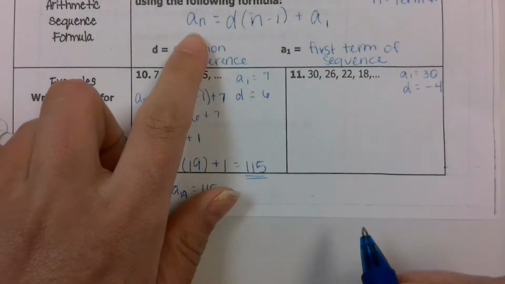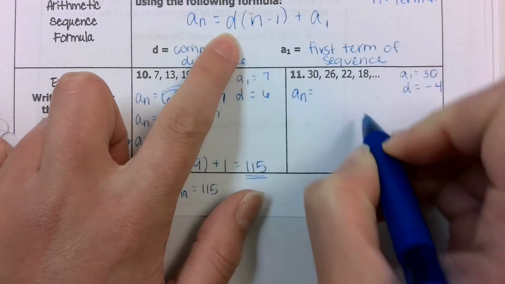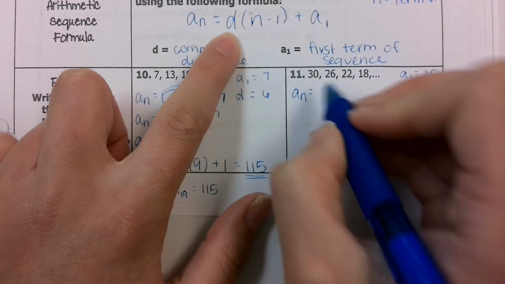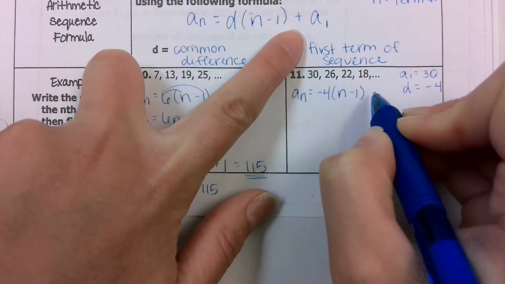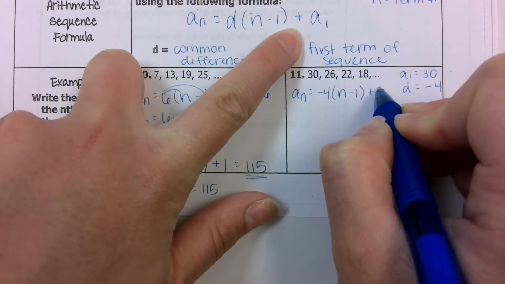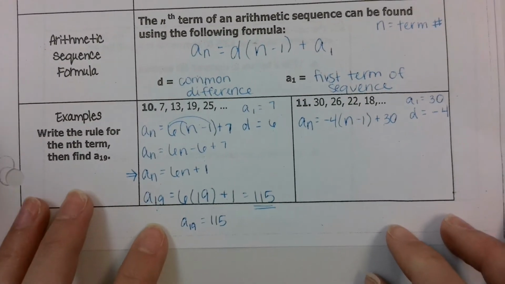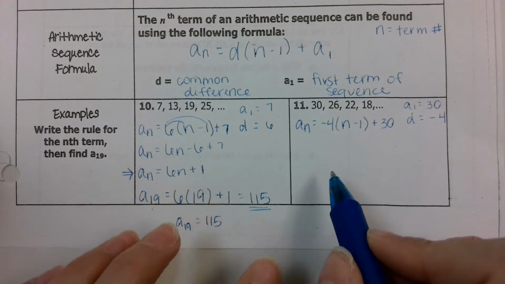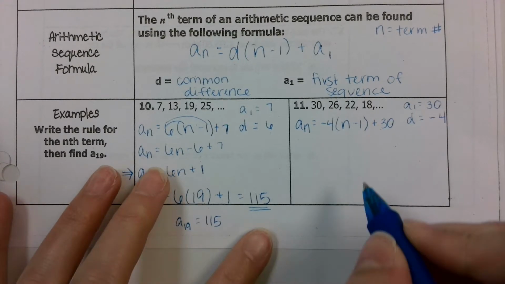So then we're going to plug into that formula again. So you're going to have A sub n equals, in place of D, what are we putting? Negative 4. Then we're doing n minus 1 plus your first term, which is 30. So from here, what do we do? Distribute.